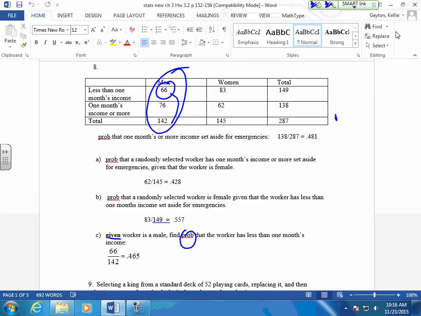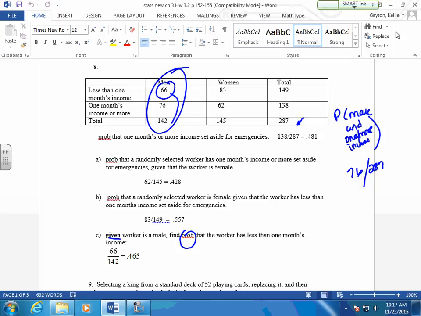Okay, what is the probability that I have a male and he keeps 1 month's income or more? 1 month's or more income. 76 over 287. 287 because it has no given here. This is the and situation.